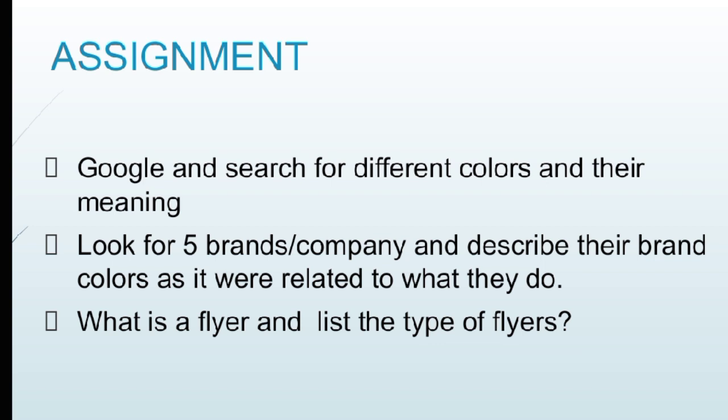Then you should look for 5 brands or companies and describe their brand colors as related to what they do. Then number 3, what is a flyer, and list the types of flyer we have.